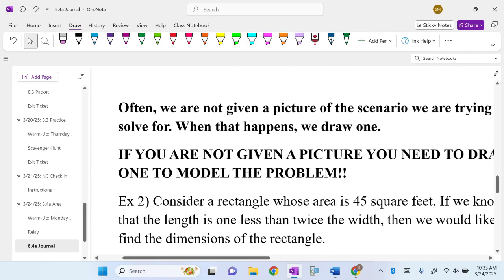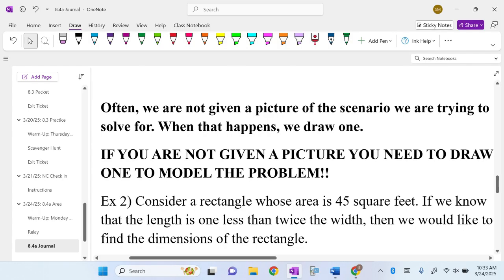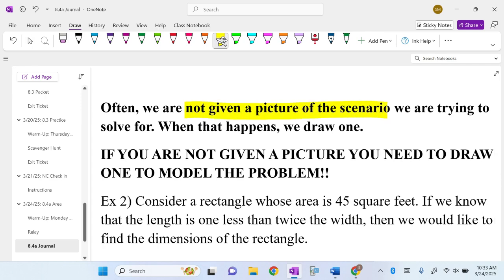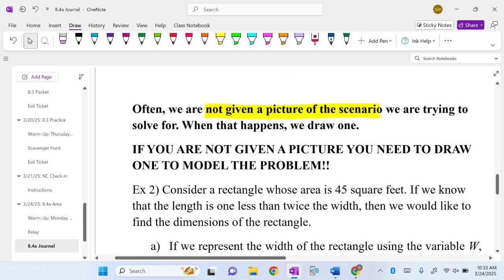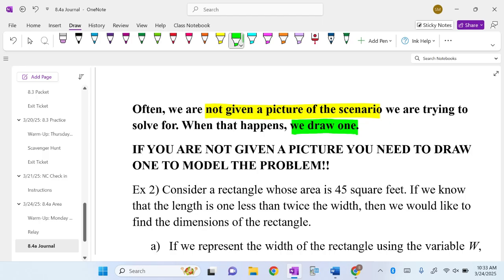So before we even touch the next example, one thing that we got to note is that oftentimes with word problems, we are not given a picture of the scenario. So that first one, they gave us a nice picture that set it up. That's not always the case. If that happens where you don't get a picture, you got to draw one. Most of us in here are visual learners. I especially am.